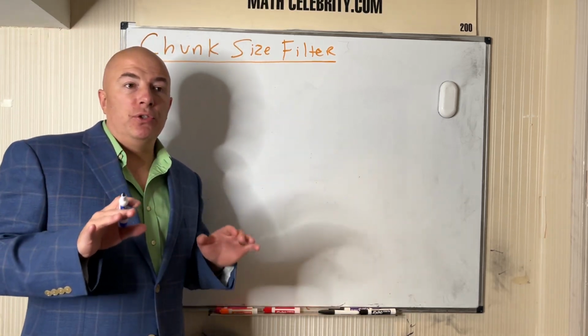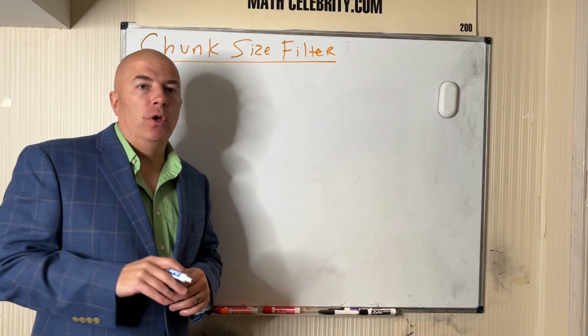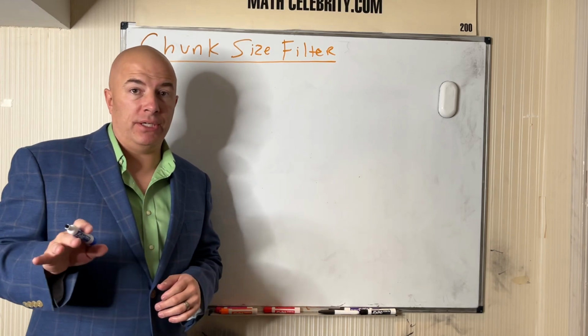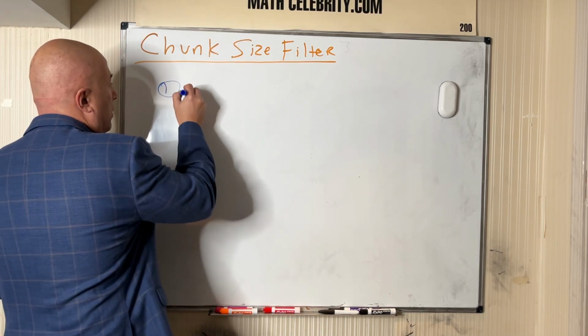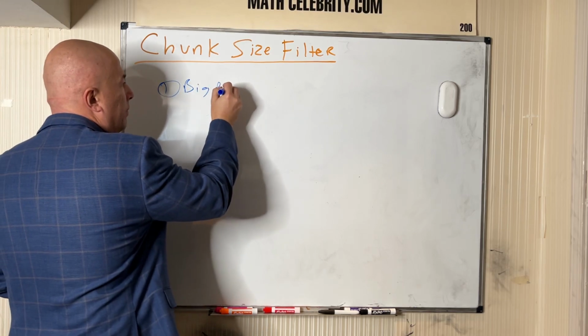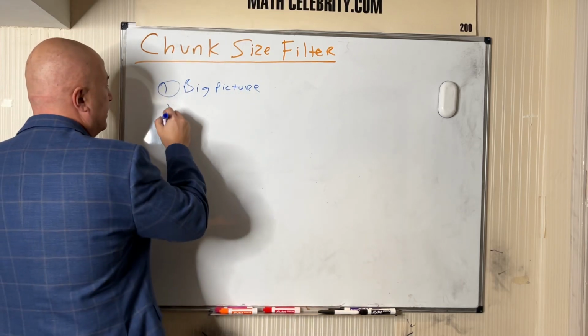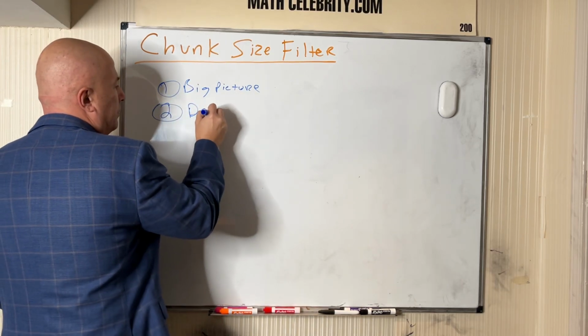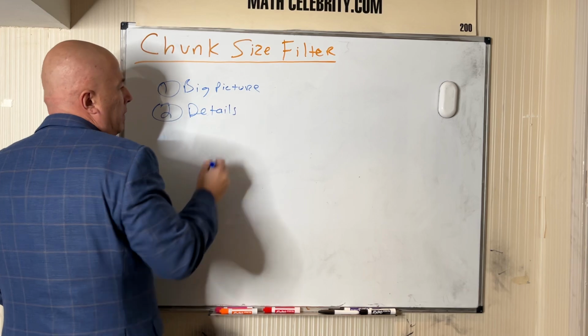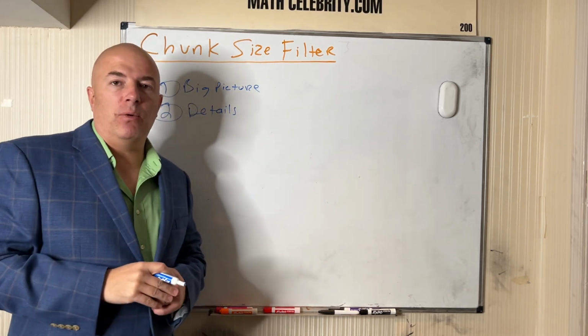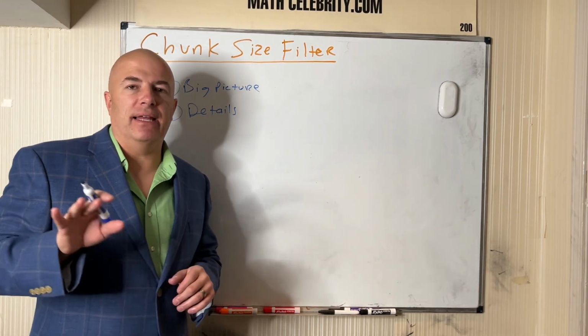If you and I were to do math homework together, would you prefer the big picture, or would you prefer the details? And then as soon as you ask that question, you be quiet, sit back, and let the student answer.